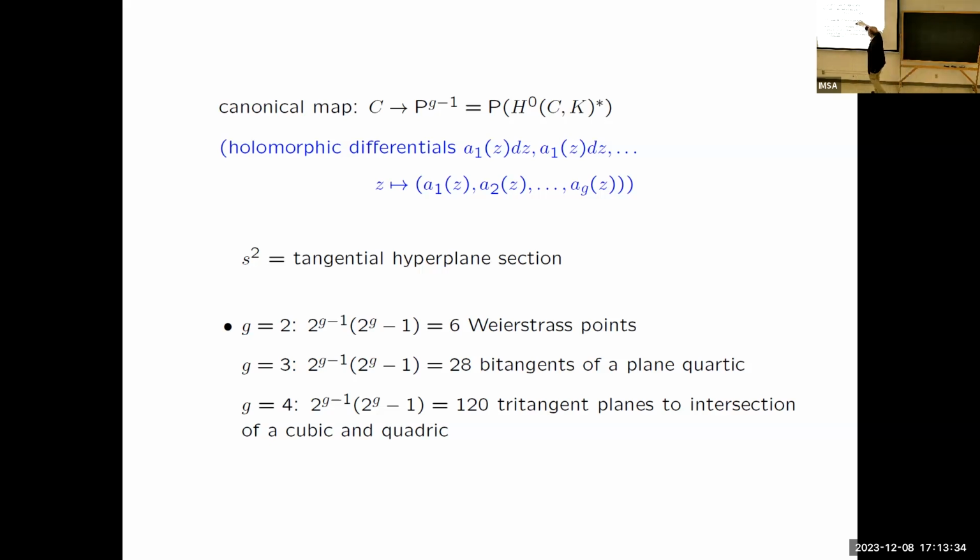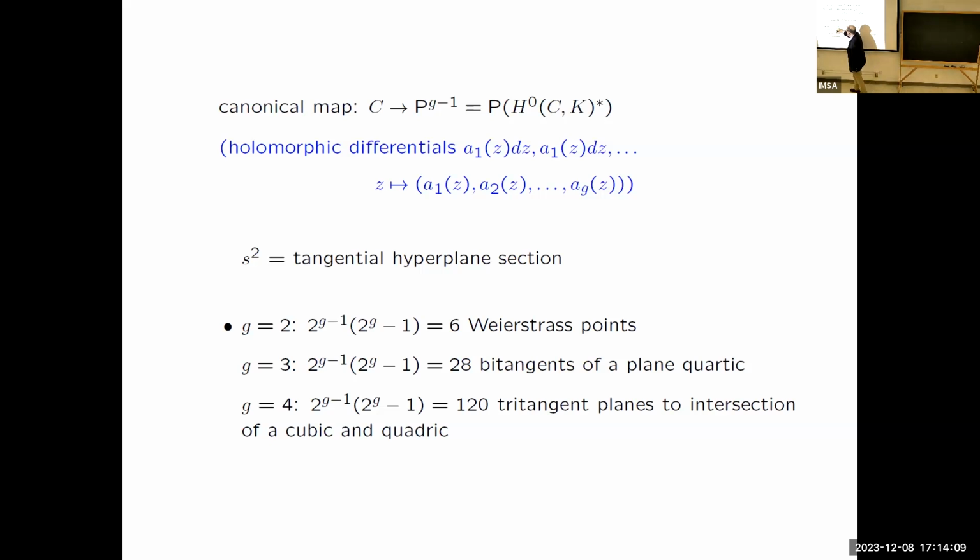Or in concrete terms, if you take a basis of differentials and write them out as local holomorphic functions, that's the way you get this map into projective space. Then s squared is a section of the canonical bundle which has double zeros, and that means in this setup it's a hyperplane which is tangential to the image. So in low dimensions, low degrees, sorry, low genus, I should say, we get some familiar bits of classical geometry.